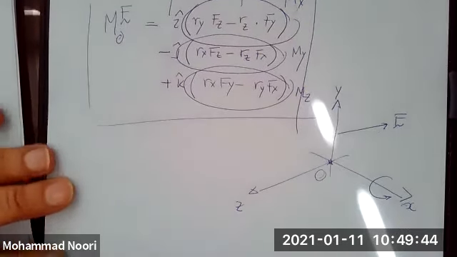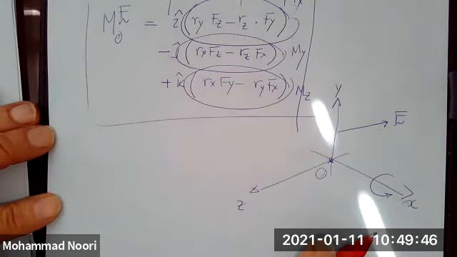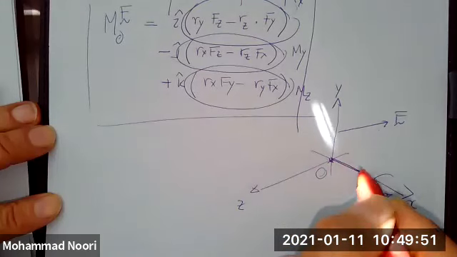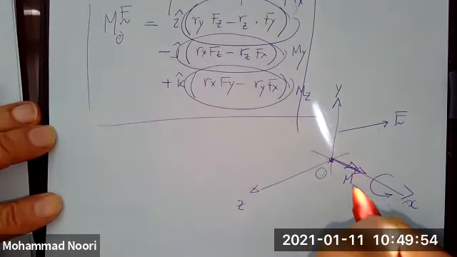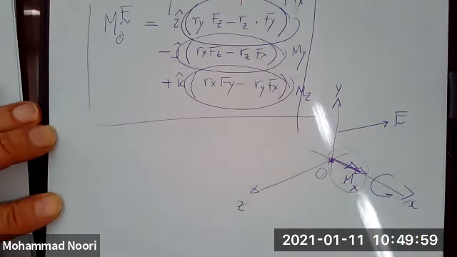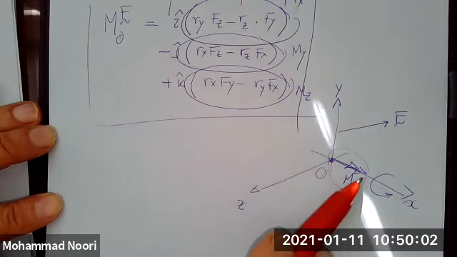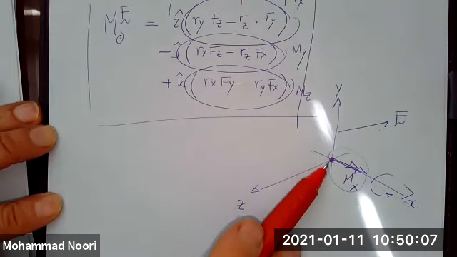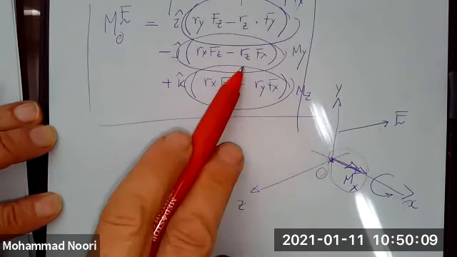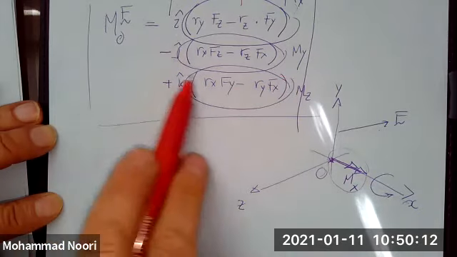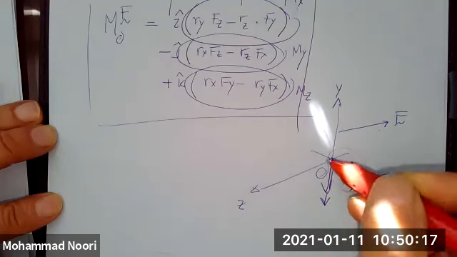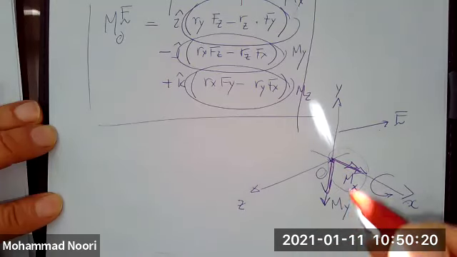Another way to demonstrate this rotation, to make it less confusing, some books use a double-headed arrow and show the component this way. This means the component of this moment along the x-axis is in the positive direction of x. For y, if this turns out to be negative, we show it with a double-headed arrow in the negative direction of y.